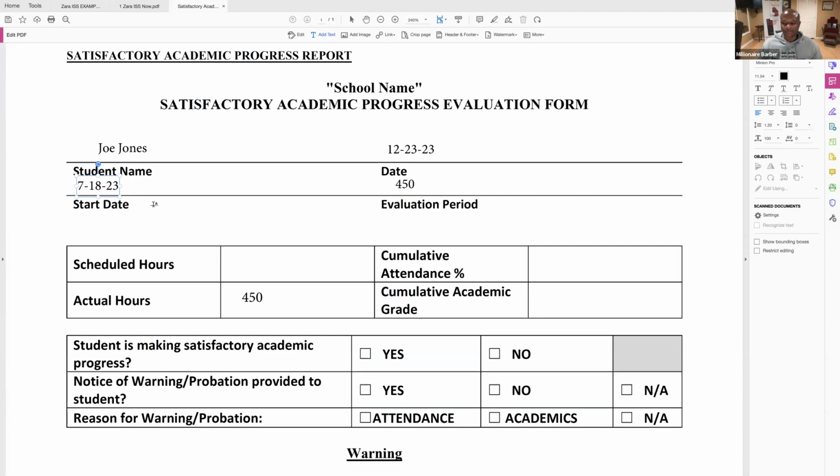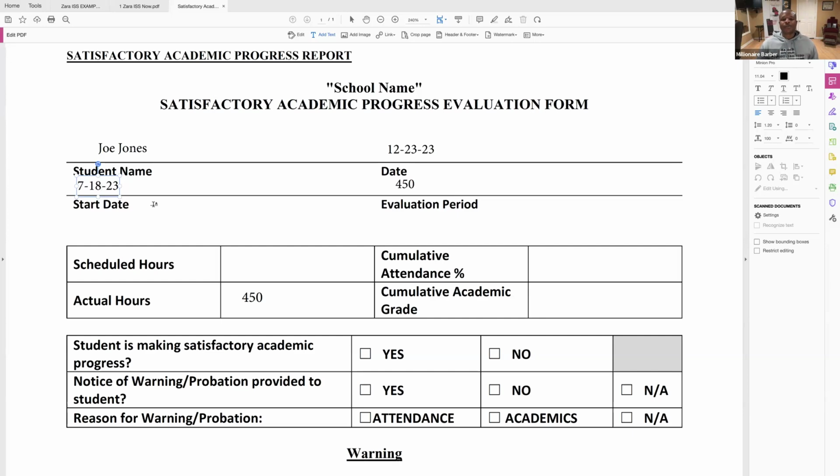So what we have to do now is 22 weeks times 30 hours a week. That's 660 hours.